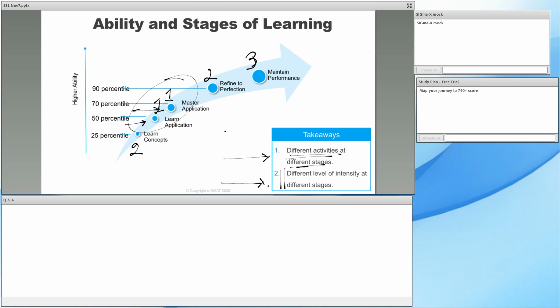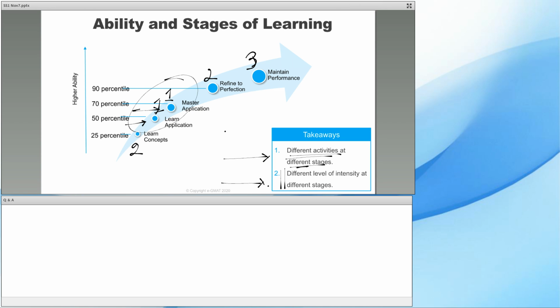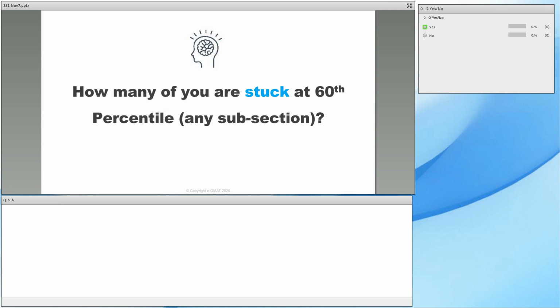Just from a show of hands, or rather a yes/no poll, how many of you are stuck at that 60th percentile or lower level? How many of you have been preparing for some time and are stuck at that 60th percentile level in any subsection? Let's get at least 60 responses.